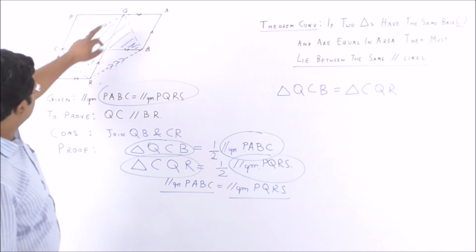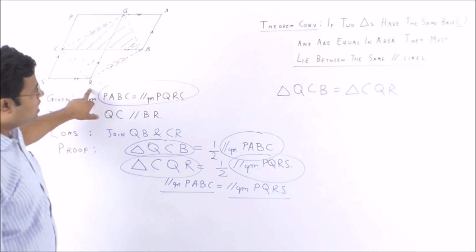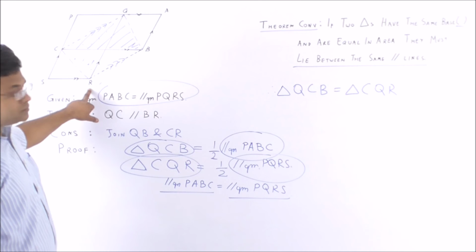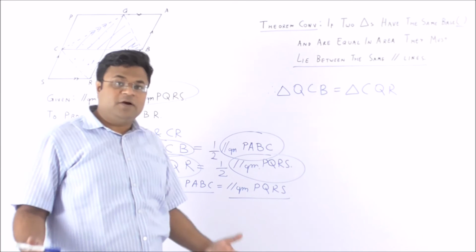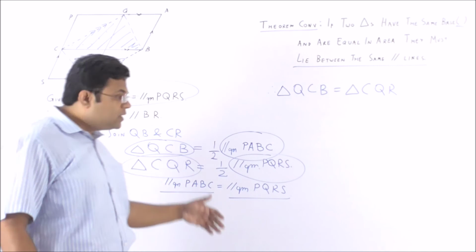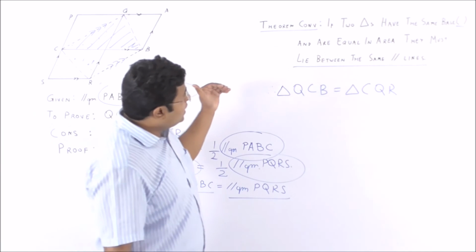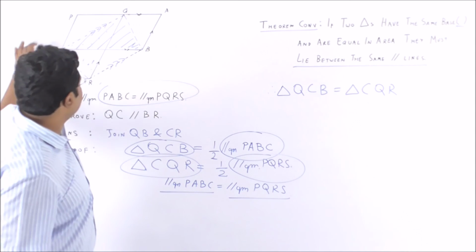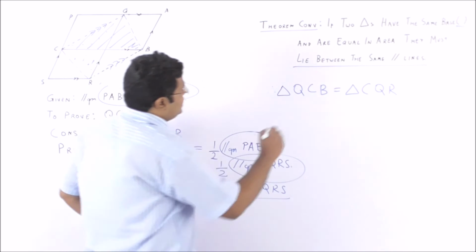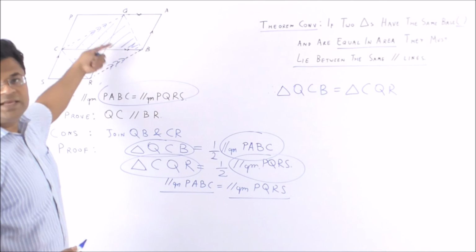Now observe, QCB and QCR are equal. Now at this point some of you may be thinking of alternate methods. Very good, but let's stick to this one right now. If these two triangles have the same base and they are equal in area, they must lie between the same parallels.